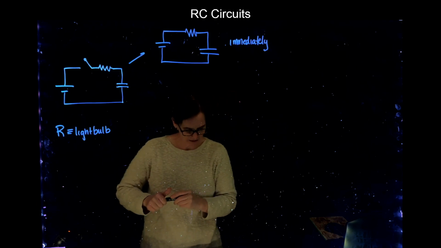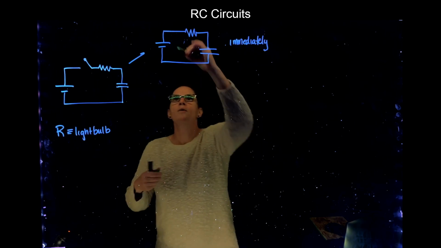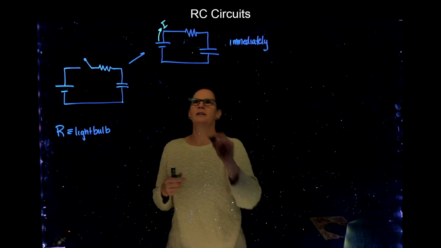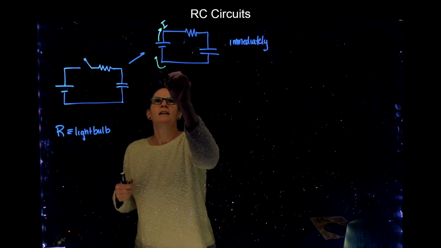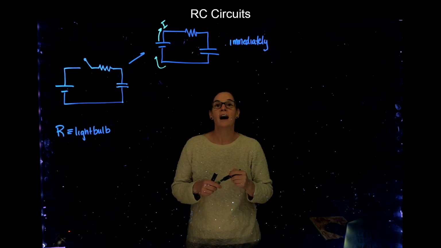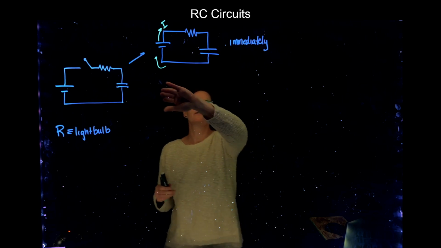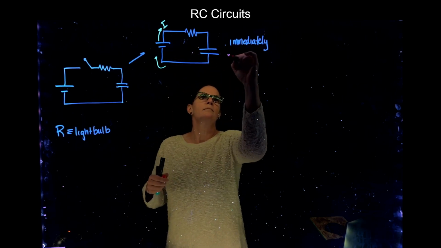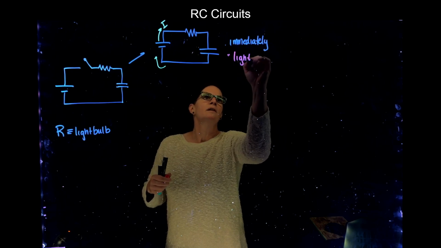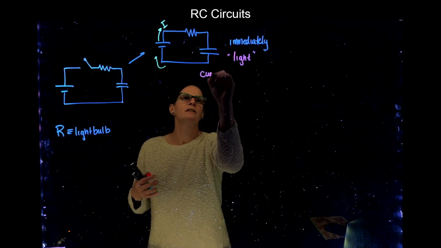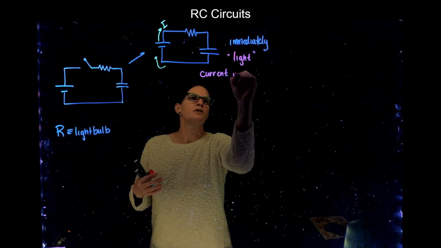So immediately when the switch closes, we know that current is going to flow away from the positive end of the battery and flow towards the negative end of the battery, right? Our current flows in the direction of high to low. And when current flows through that circuit, we get light. So immediately we get current in the circuit.